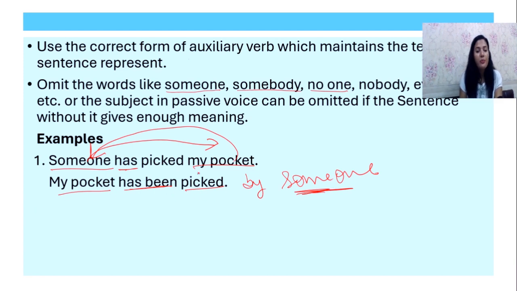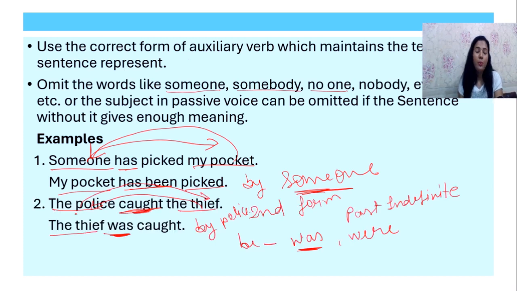So you can omit. There is one more important point you need to remember. When you change a sentence from active to passive, you should check the verb of the sentence. If the verb is transitive, only then you can change the sentence into passive one, because a transitive verb always has an object, and we need an object in a passive voice.